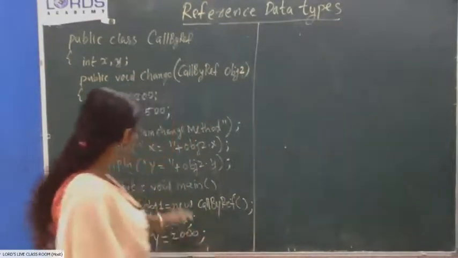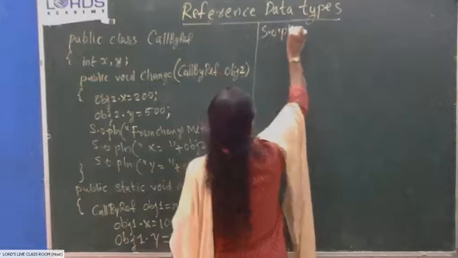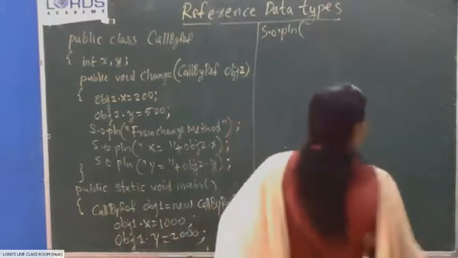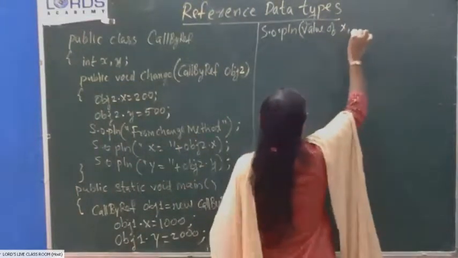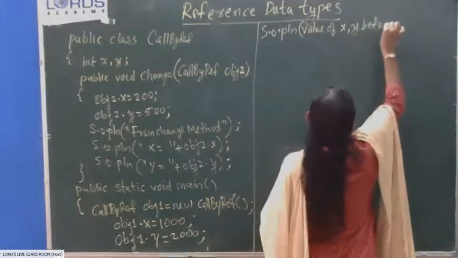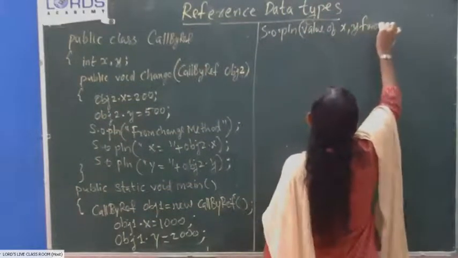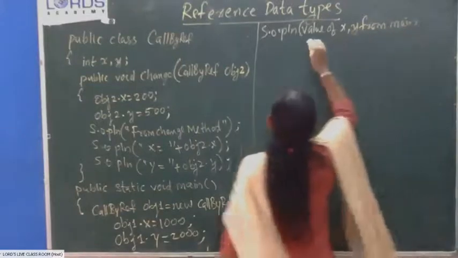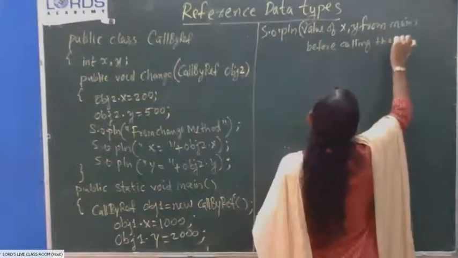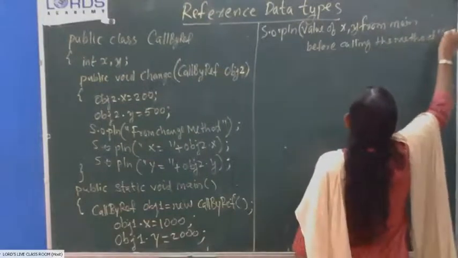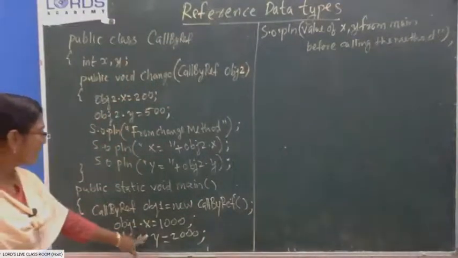So System.out.println, value of x and y from main before calling the method. I did not call the change method yet; before calling it, I am going to display the value of x and y.